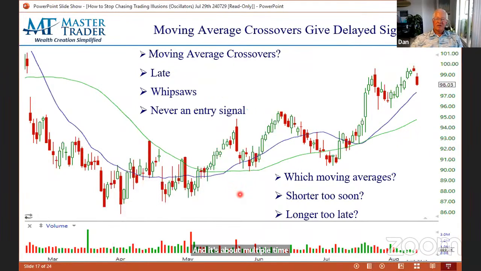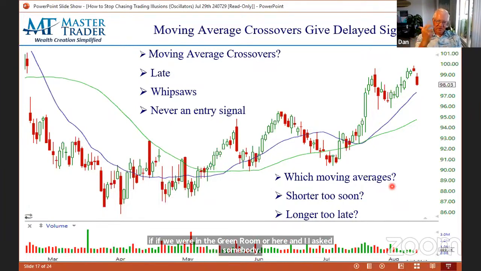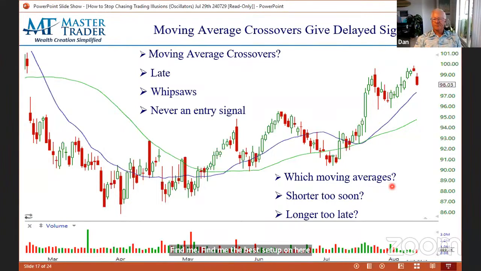If I took off the moving averages, this is a very messy chart. If we were in the green room or here, and I asked somebody using our technical approach to find me the best setup on here, in your opinion. This would have been a 1, 2, 3 that didn't trigger, but here would be the best setup: a gap down, bottoming tail, range expansion, closing breakout over the high of that bar.